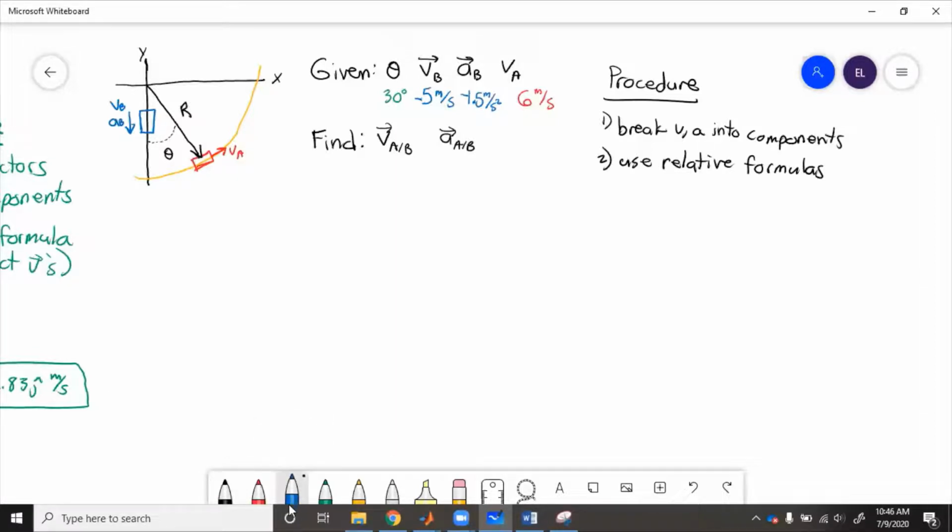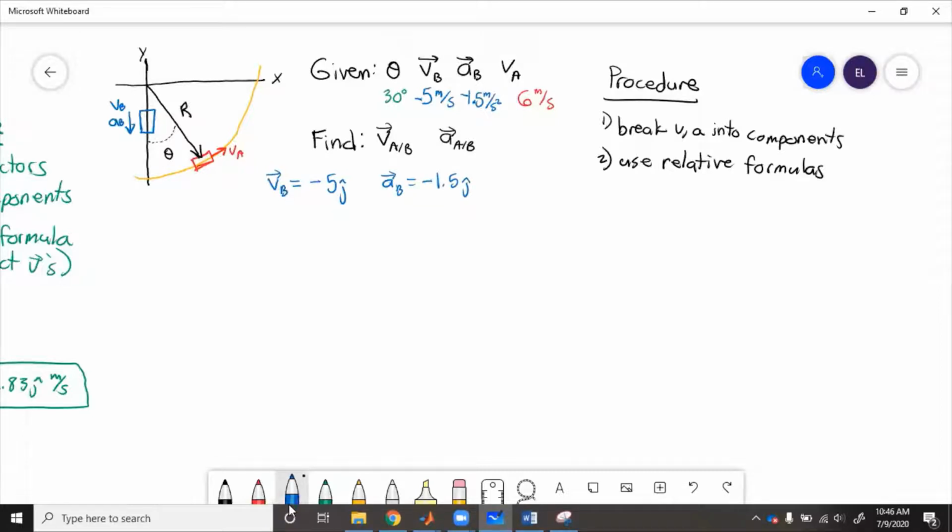So we'll start with B because we can see exactly what direction that is going. Velocity of B equals negative 5 j hat because it's going 5 in the negative y direction. Acceleration of B equals negative 1.5 j hat.